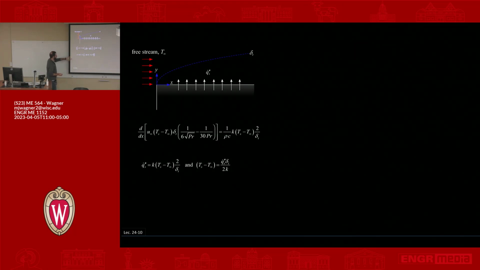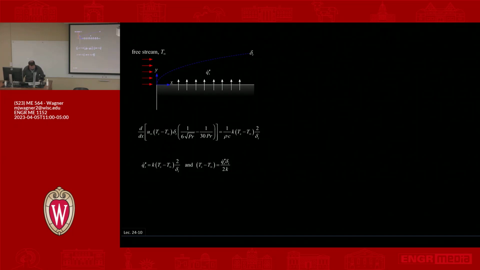If I solve this in terms of Ts minus T infinity, and then substitute this relationship in anywhere I see this, that lets me express this in terms of a constant heat flux. So it's really simple, but lets you flip things around, right, and change the nature of the problem. So let's just do that really quickly. This is our last thing here.